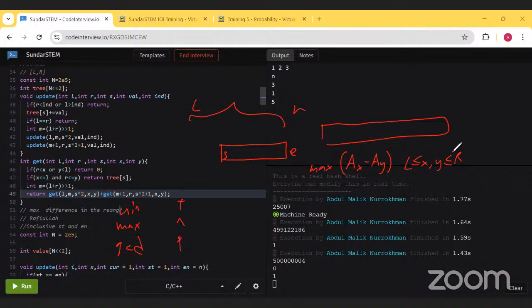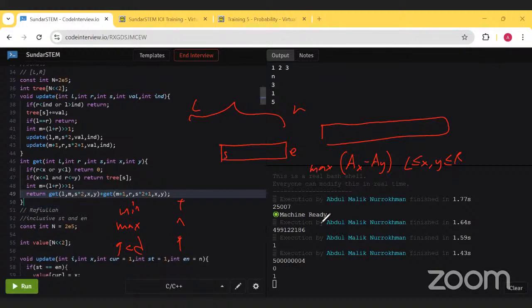Using segment tree, of course. That's right. We can store two variables at once. We can make a pair or a struct that stores the minimum and maximum, and then the result. If we want to query, we can just take the minimum of the minimums and the maximum of the maximums. After we query the range, we can just use the maximum minus the minimum.